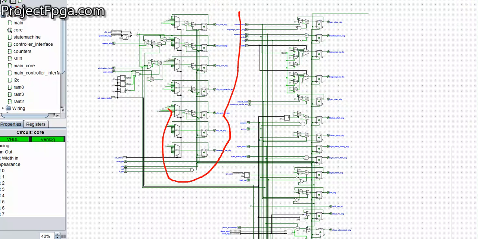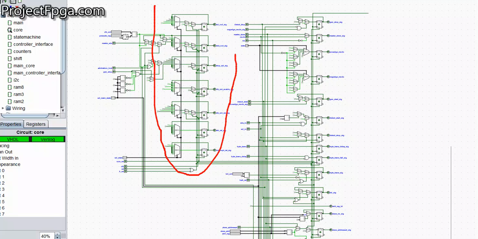This section is being controlled by the SCL state, so that is when it's operating as a master. This is a very crucial part of it. I'm going to show you why.